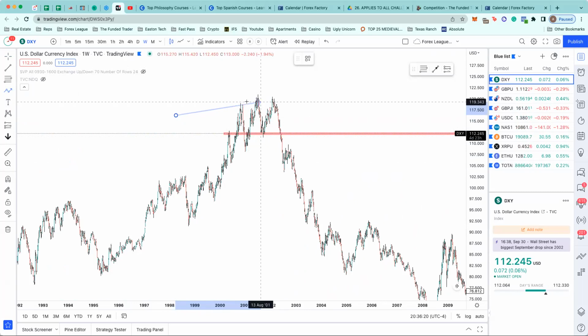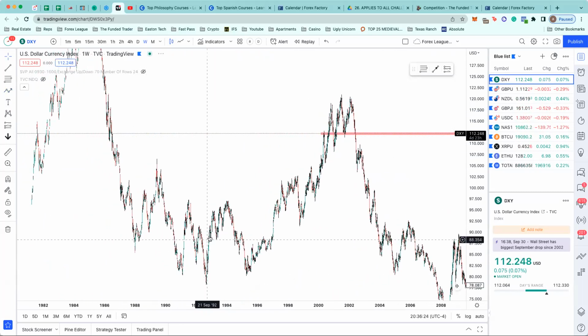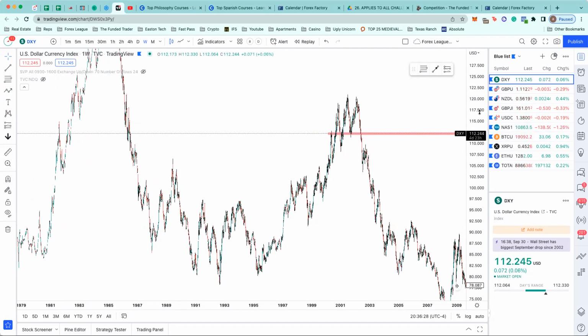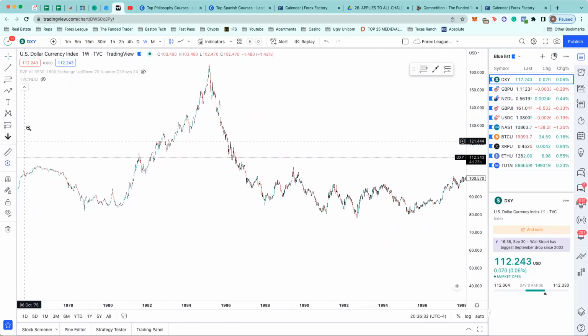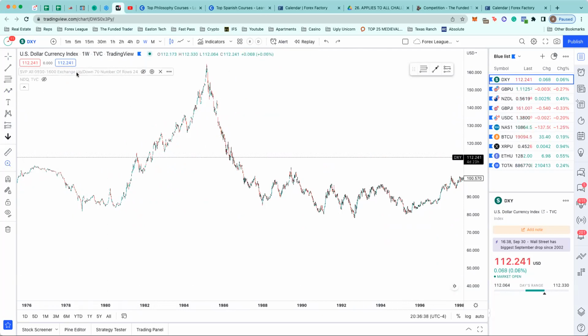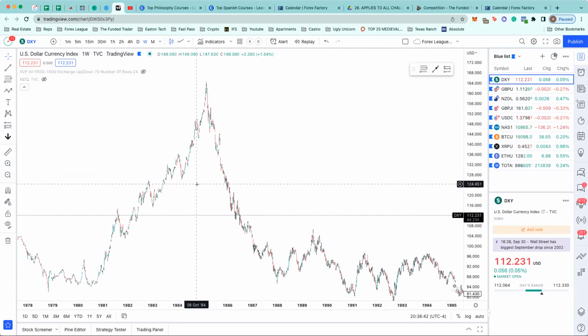Then we have these 3 peaks right here. So let's go back a little bit more and see if we can find another area. I'm going to zoom in a little bit. We're going to focus mainly on this right here.